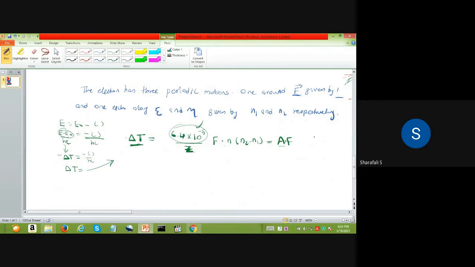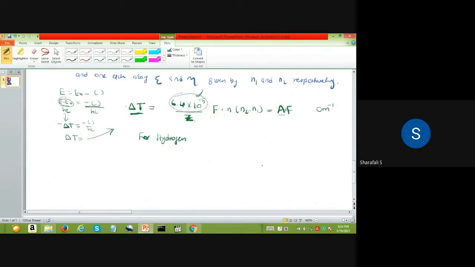Okay, so this will be in centimeter inverse because it is in the wave number we are considering. So in the case of hydrogen, what will happen? Z will become 1. For hydrogen, Z equal to 1.